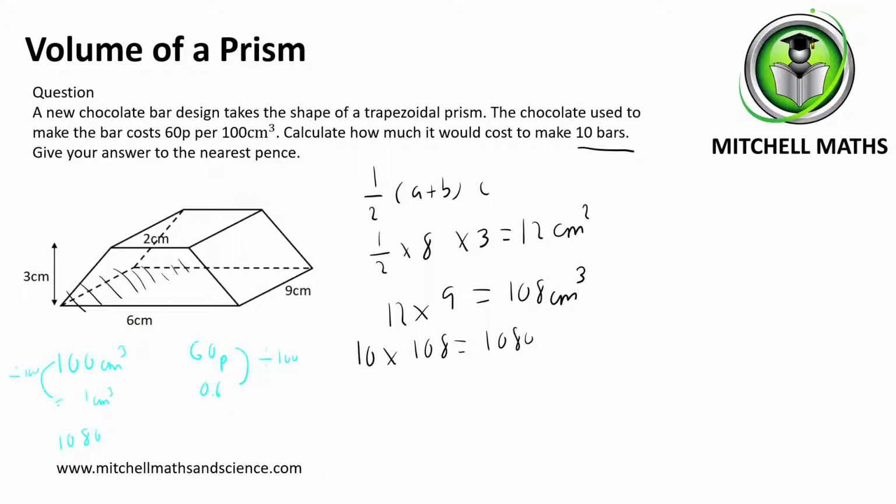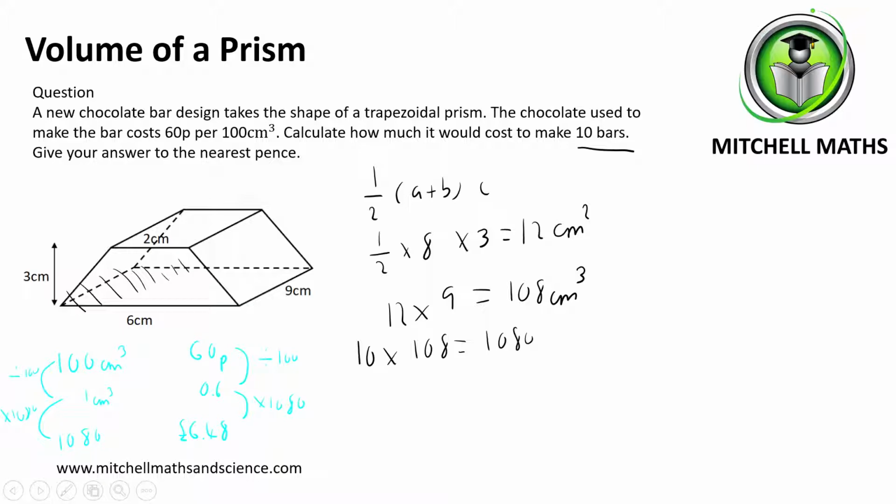And then I'm going to multiply by 1080. If I multiply by 1080, I get £6.48.